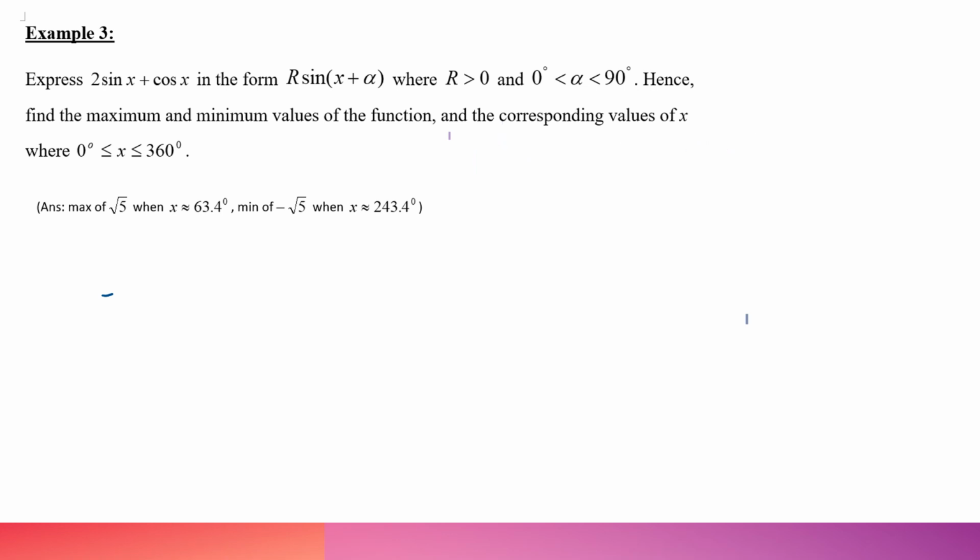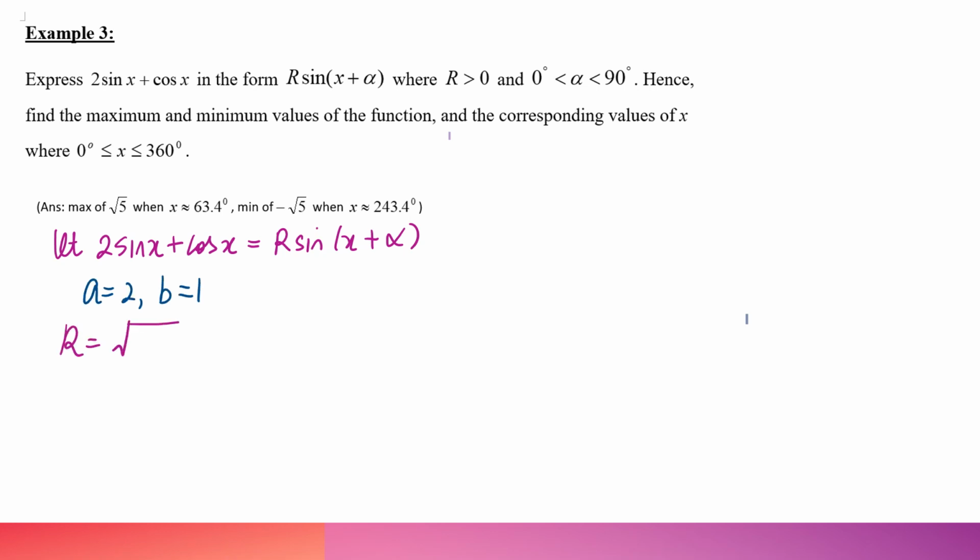To fulfill our mission, the first step is rather easy. You just have to express it in the form r sine bracket x plus alpha. You write down the value of a, which is 2, and the value of b is 1. Plug into your formula, square root of a squared plus b squared, and you get square root 5.